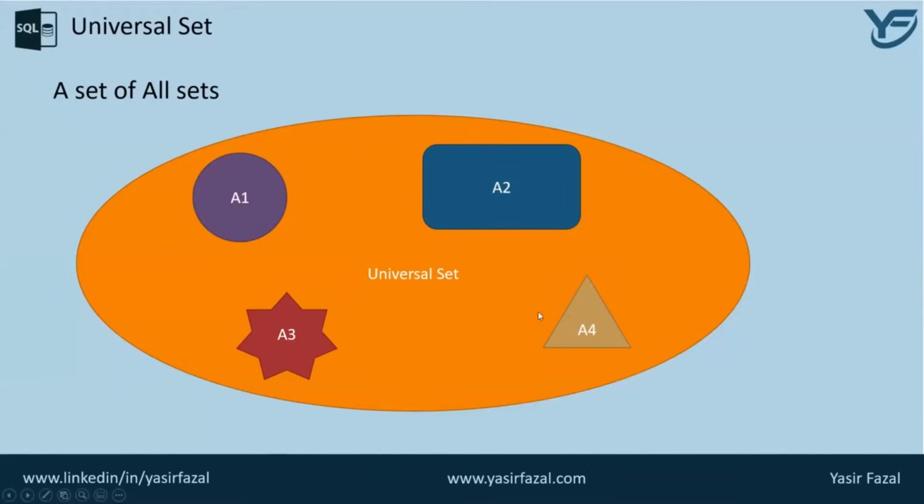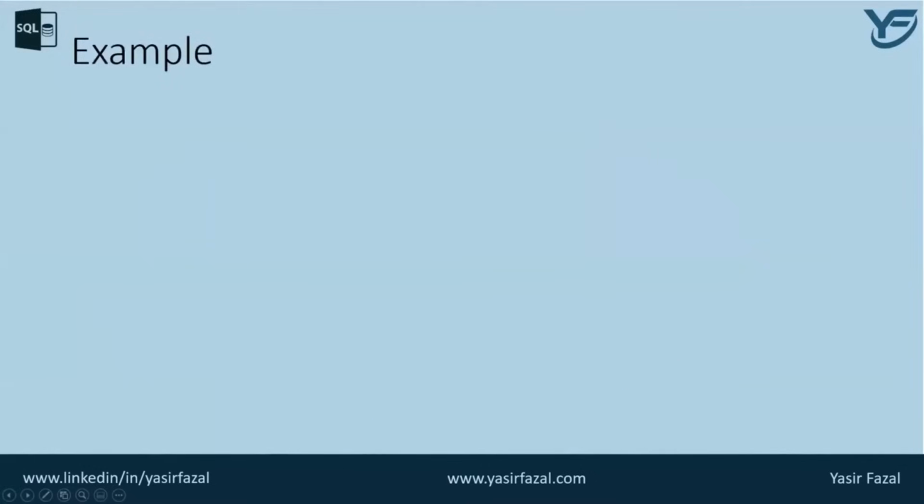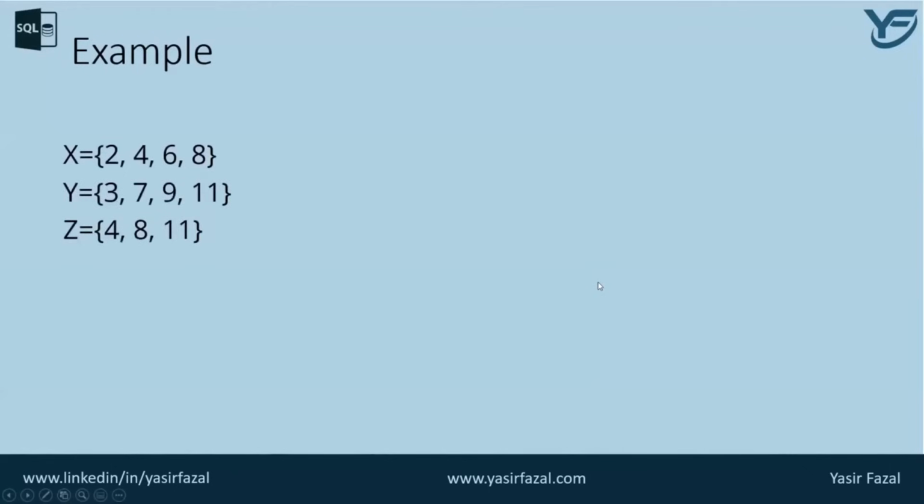So let us go through an example. Consider we have three sets, namely x, y, and z. These sets have various numbers. The set x contains 2, 4, 6, 8, y contains 3, 7, 9, 11, and z contains 4, 8, and 11. If you notice, there are a few numbers that are repeated among the sets.